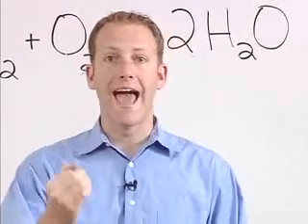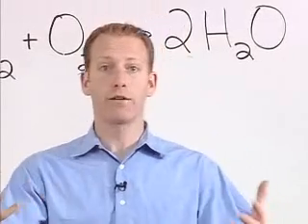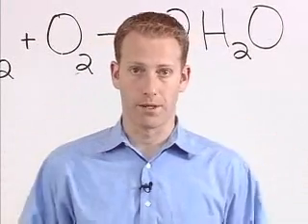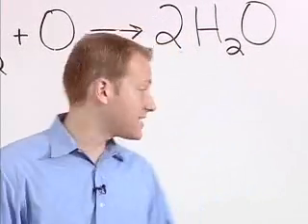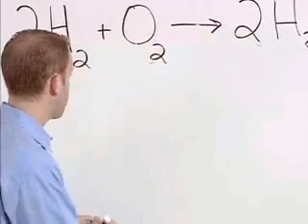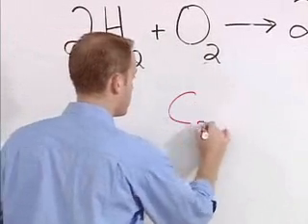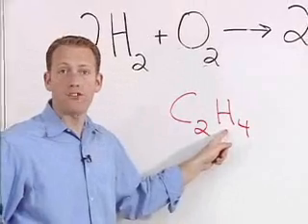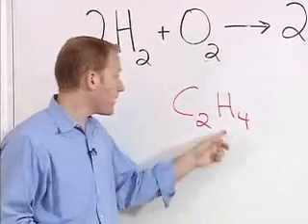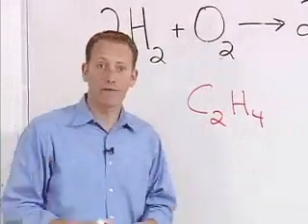A molecular formula is the actual formula, the formula that you actually have. For example, let's say you had C2H4. You had 2 carbon atoms and 4 hydrogen atoms bonded together. This is your molecular formula because that's what you actually have.